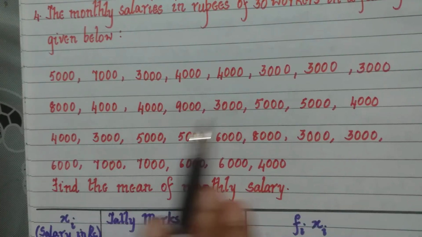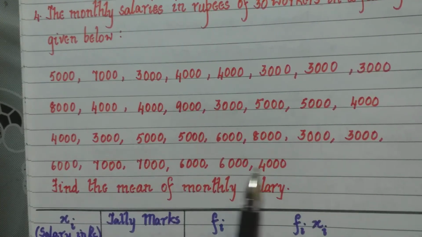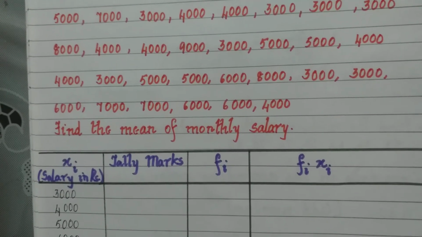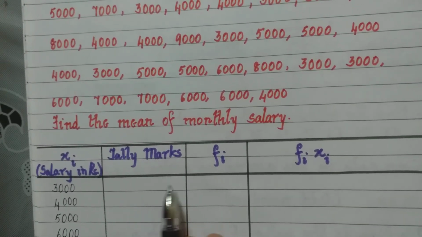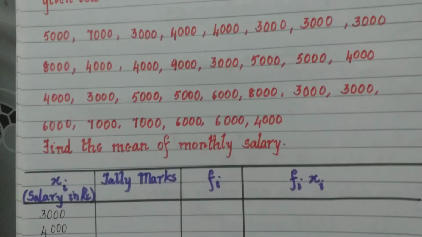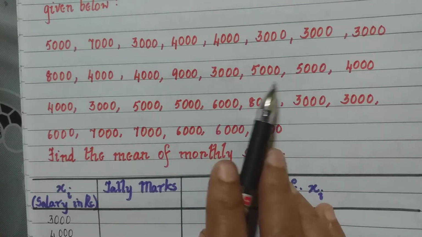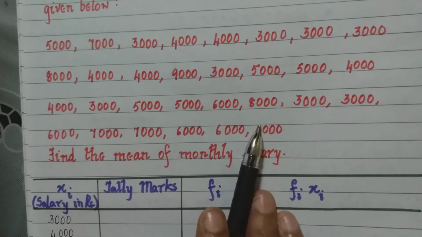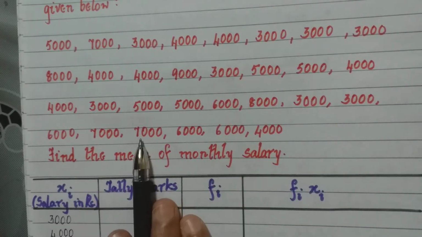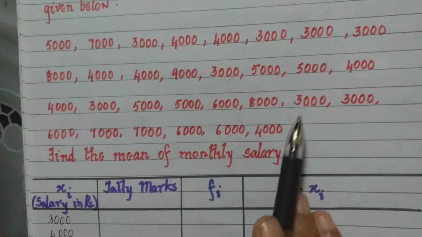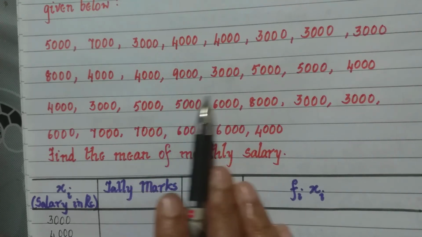But here you see the number of observations given are quite a lot. So we make a table here. The salaries range from 3,000, 4,000, 5,000, also 6,000, 7,000, 8,000, and 9,000.